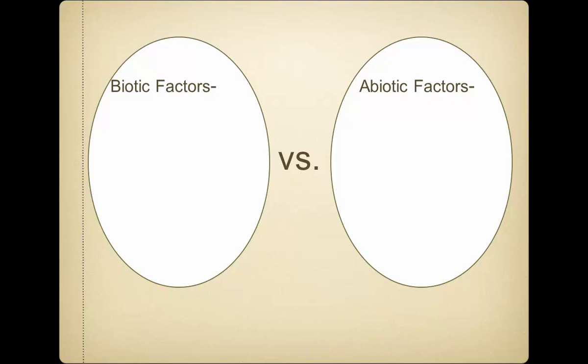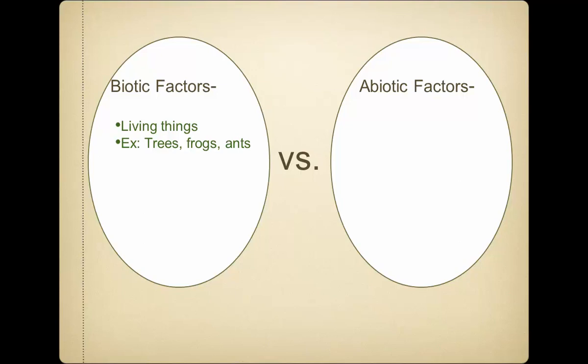So biology, biological, biotic, means living. Bio means living things. So biotic factors are living things that are influencing the ecosystem, such as trees, frogs, ants, bacteria, fungi. Anything that's alive is a biotic factor.